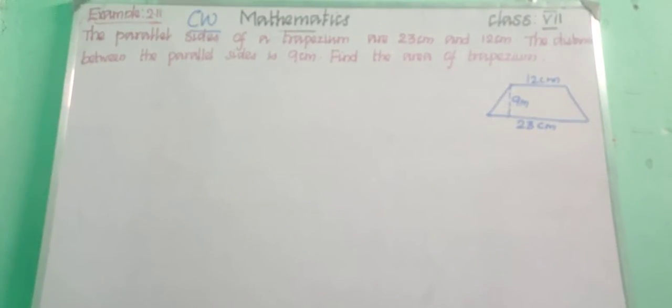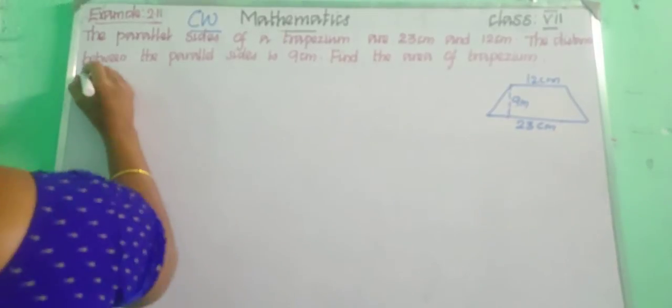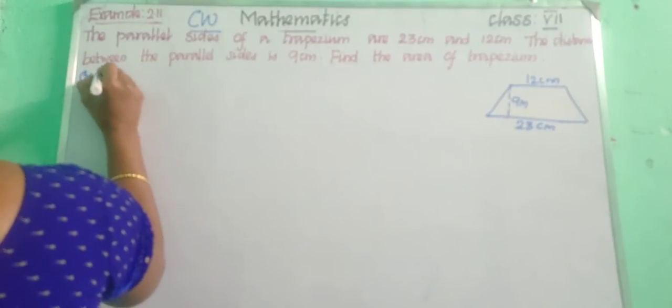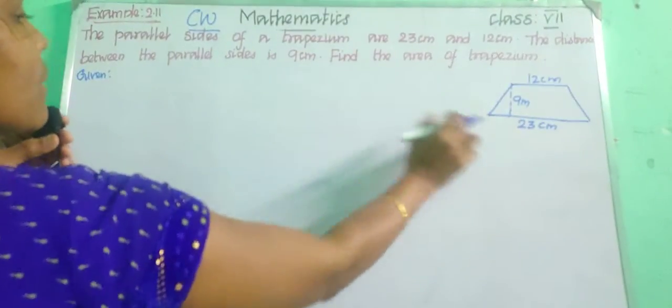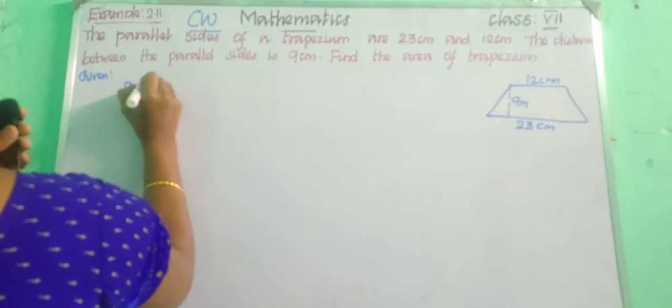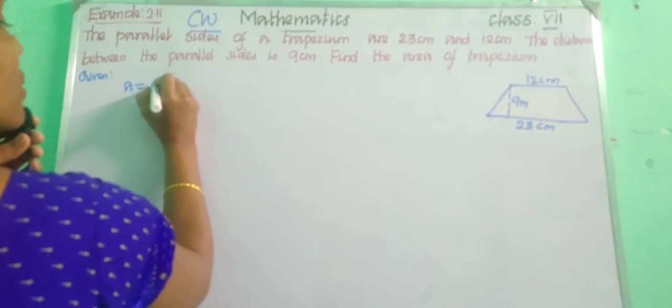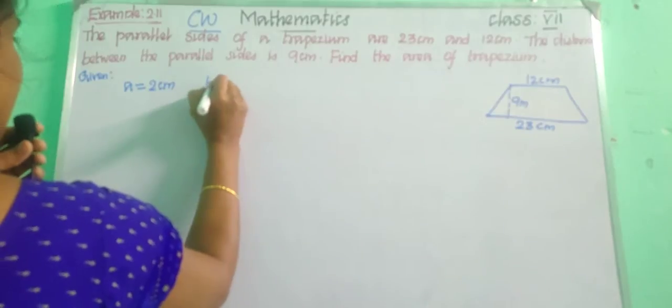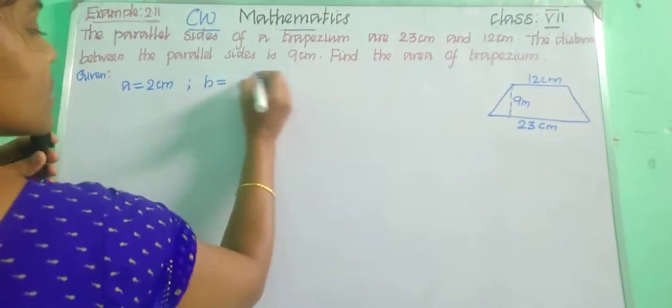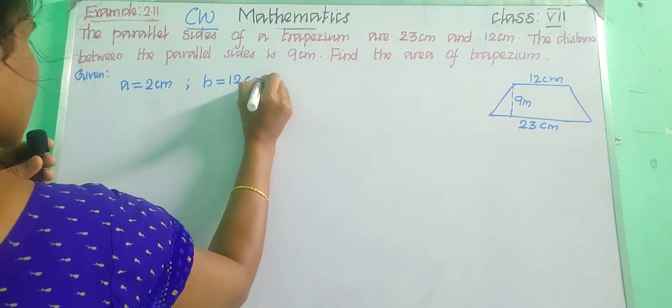Children, now let us write given. So what is given? First of all, a and b are given, right? a equal to 23 centimeter and b equal to 12 centimeter, and h is also given.